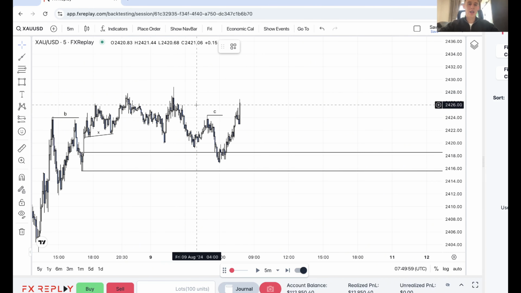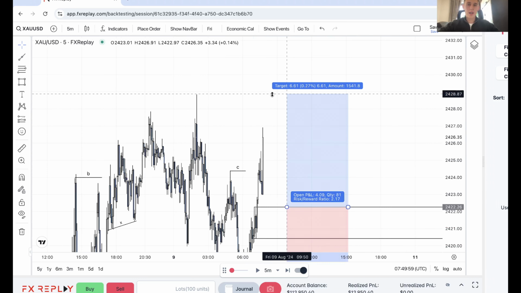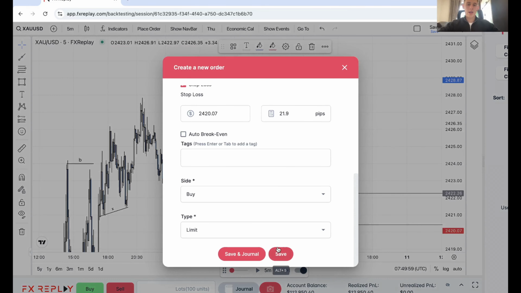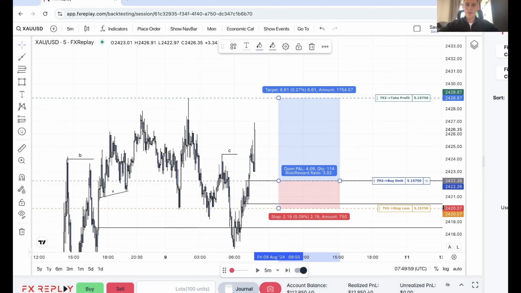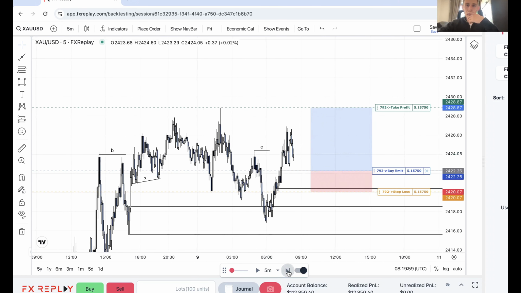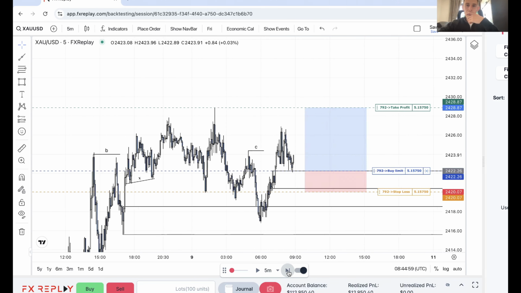So I'm going to set the trade and target this high. Just going to make the stop slightly smaller so that we can get a 1 to 3. And there we go. Cool, so I'm liking this.